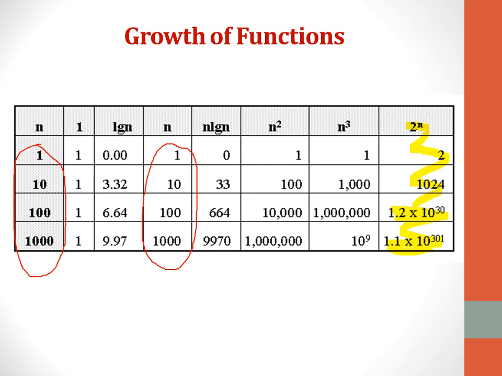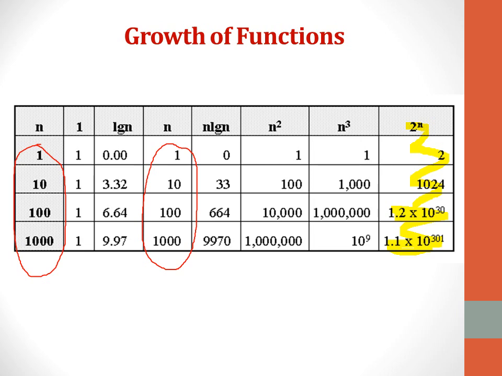So now let us concentrate on this slide. You will find that if the n value in the red color is 1, 10, 100 and 1000, then how all the values on the right hand side, 1, log n, n log n, n square, n cube and 2 to the power n work.